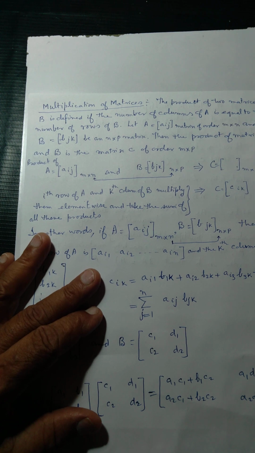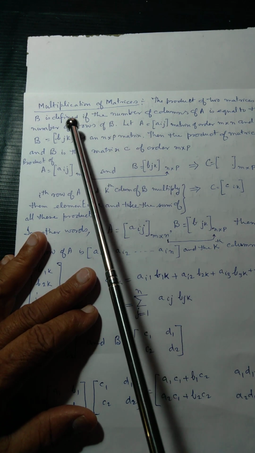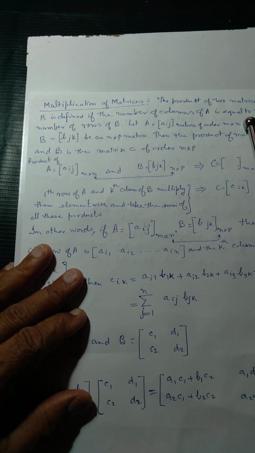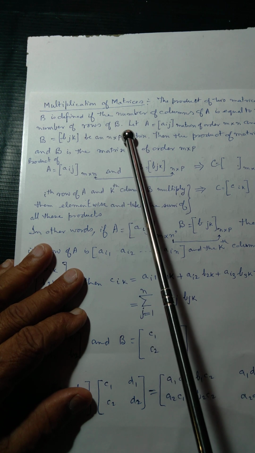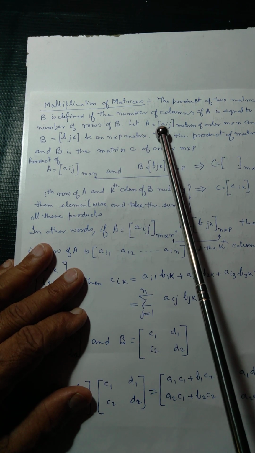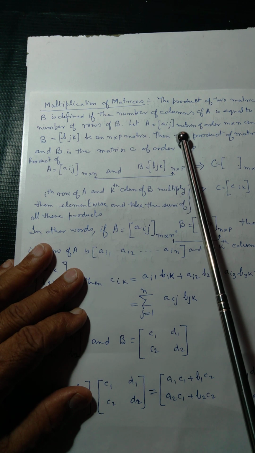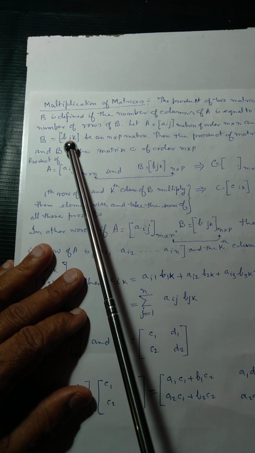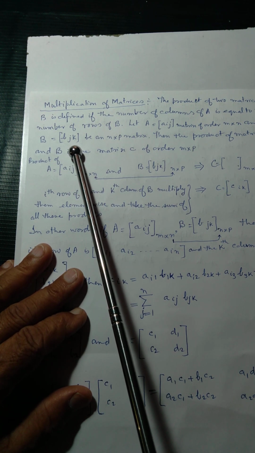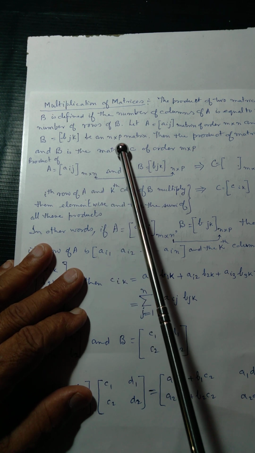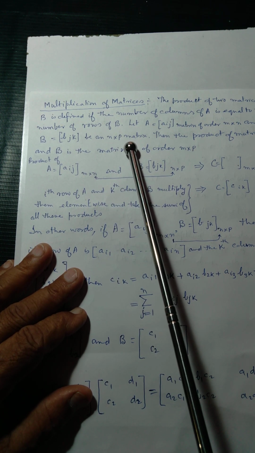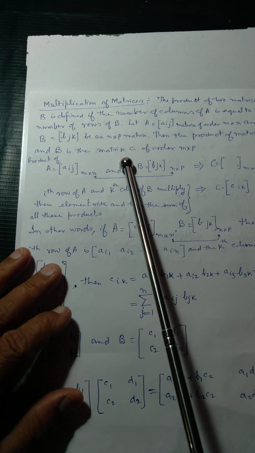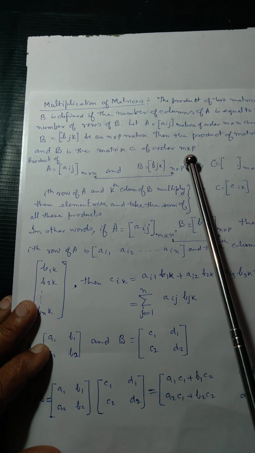The product of two matrices A and B is defined if the number of columns of A is equal to the number of rows of B. Let A equal (Aij), a matrix of the order m into n, and B equal (Bjk), a matrix of order n into P. Then the product of the matrices A and B is the matrix C of the order m into P.